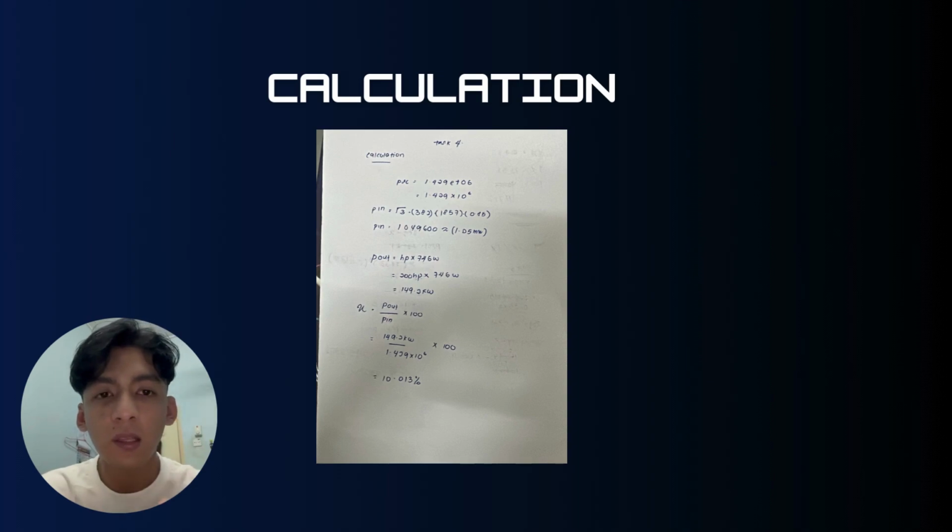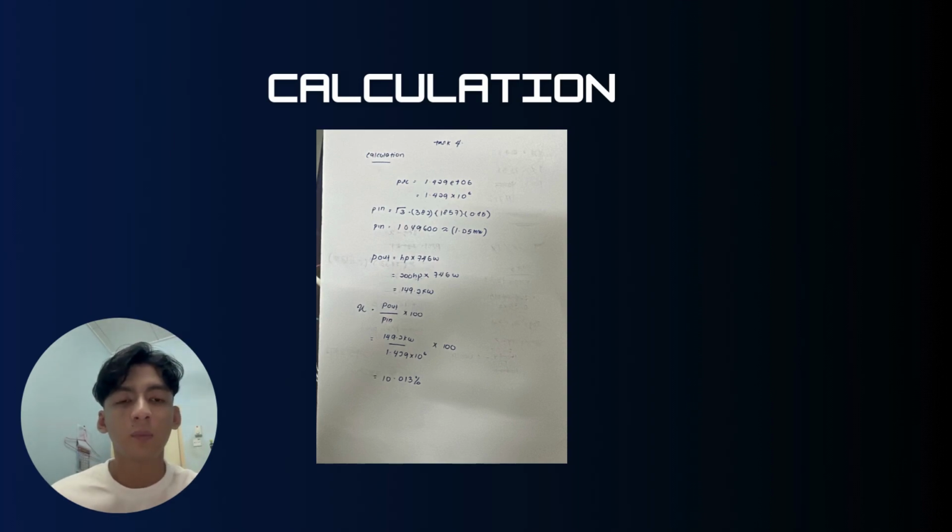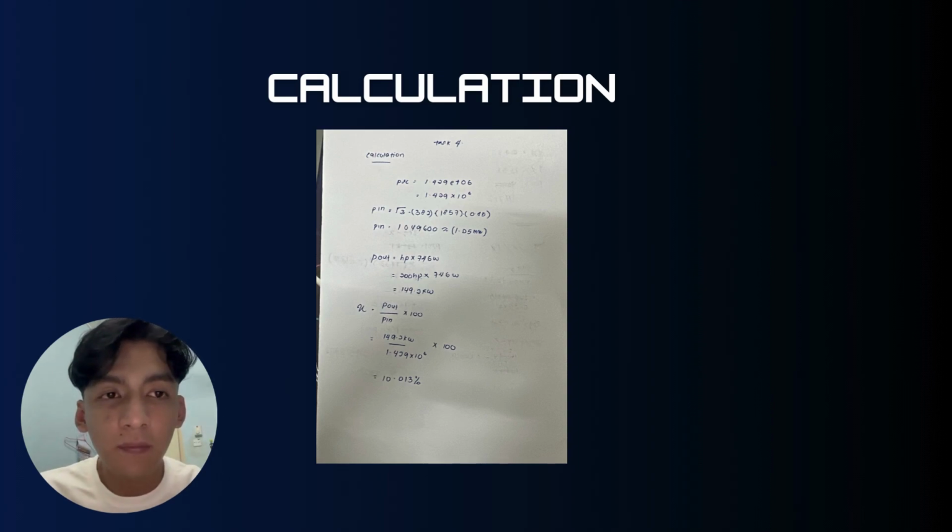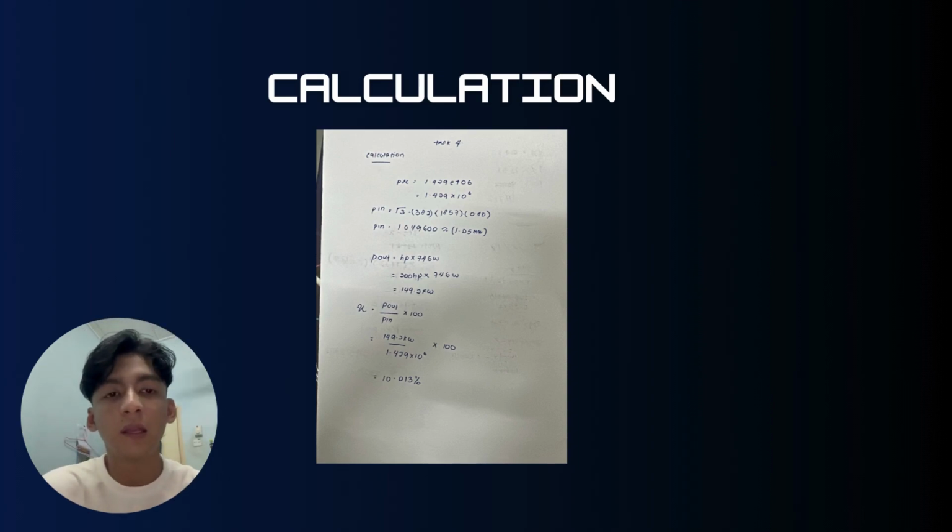P in equals root 3 multiplied by 382 multiplied by 1857 multiplied by cos 0.85. 382 is the V line, 1857 is the I line. Then we calculate, and we get 1,049,600. That is the exact value for the P in.